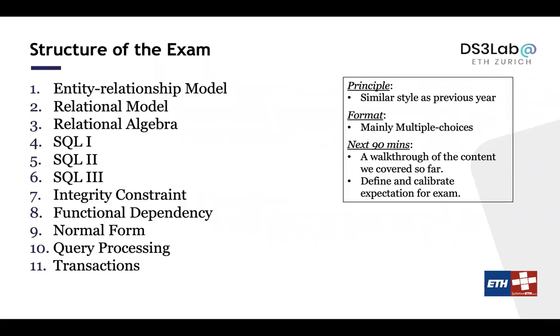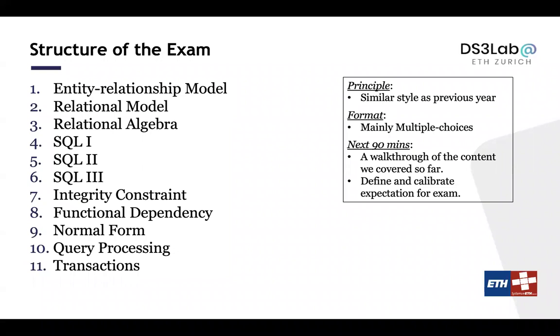So when we talk about the exam, right? The principle is of similar style as previous years. So there are many multiple choice questions. Essentially, if you look back, this is one example structure. Of course, it might change slightly for this year. But essentially, this is the thing that we care about. We care about the entity relationship model, we talk relational model, algebra, SQL, right?